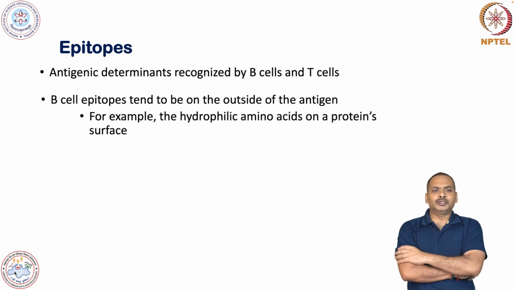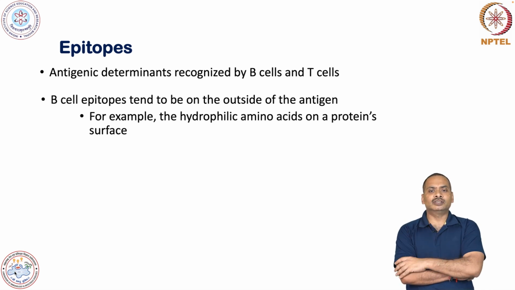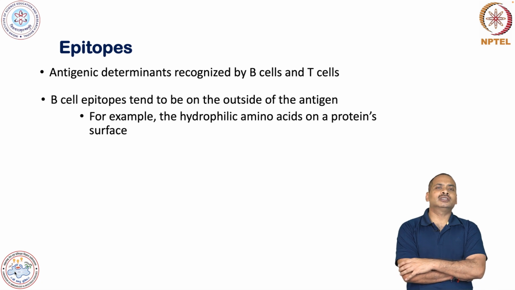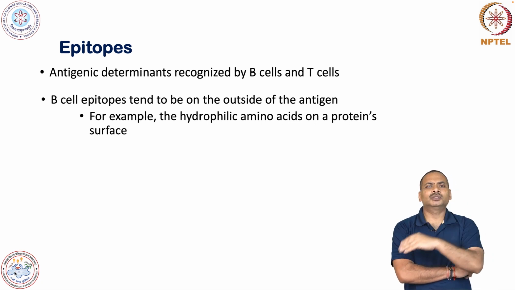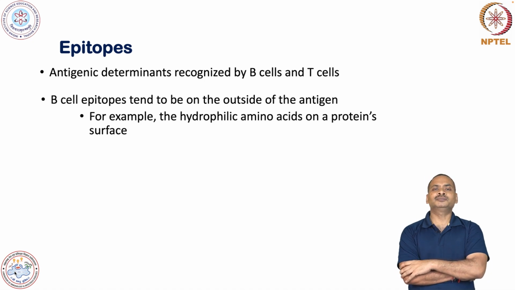So, B cell epitopes tend to be on the outside of antigen. You know that when I am talking about the antigen, I am particularly talking about the proteinaceous antigen. Okay.